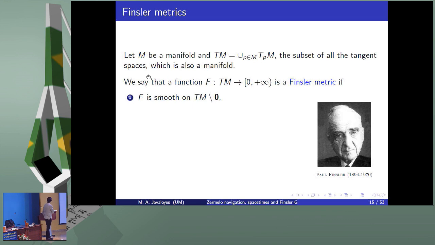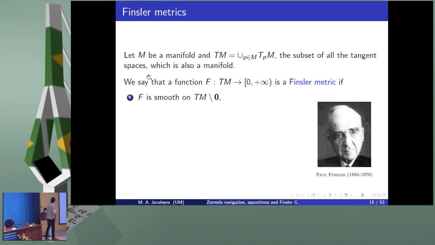Having the definition of manifold at hand, we can finally define what a Finsler metric is. First, we have to define an object that will appear throughout the talk, which is the tangent bundle, the union of all the tangent spaces.